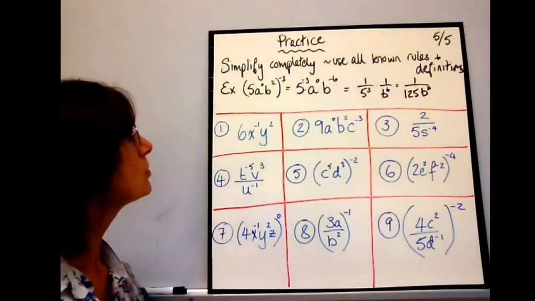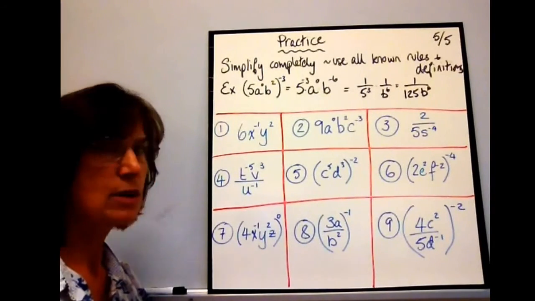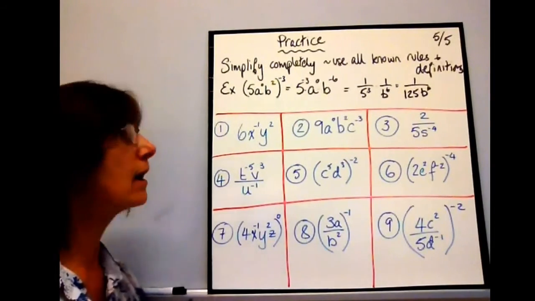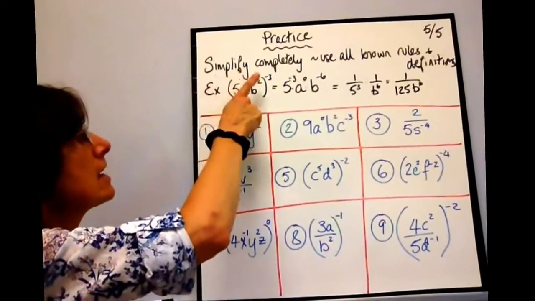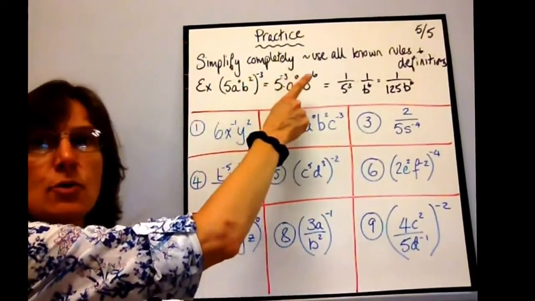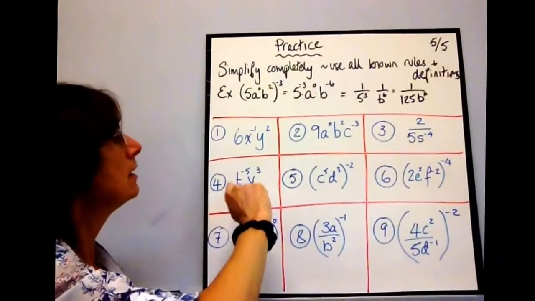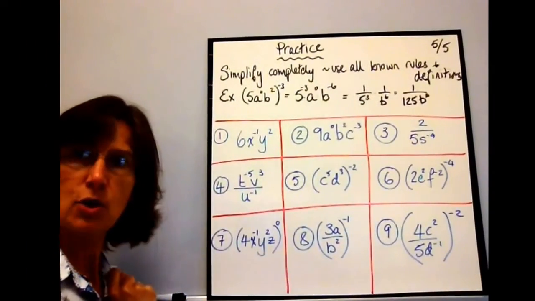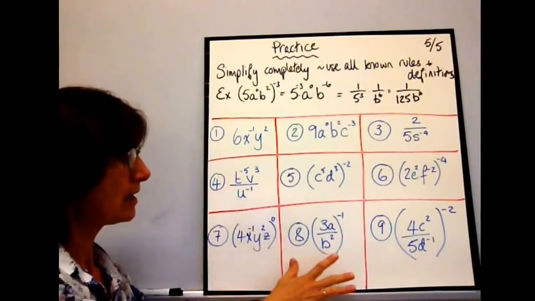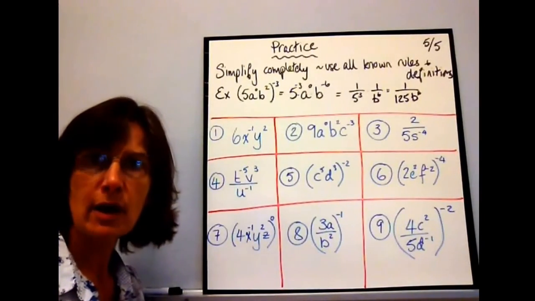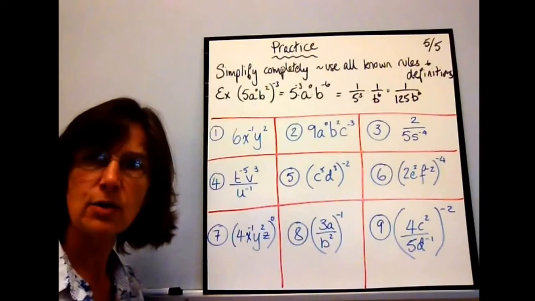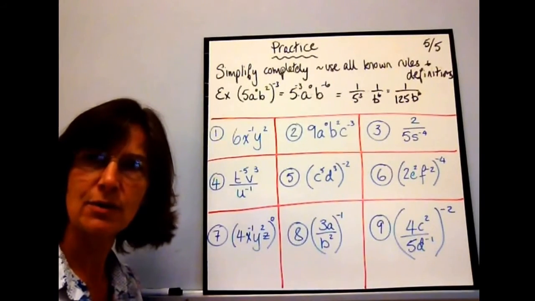So I'd like you to copy down all of the practice ones, and it's just simplify. So I gave an example, simplify completely, use all of the known rules you have and definitions. I've given an example here that you can look at. Copy these 9 down and simplify them to the extent that you can using properties and definitions. Okay, thanks.